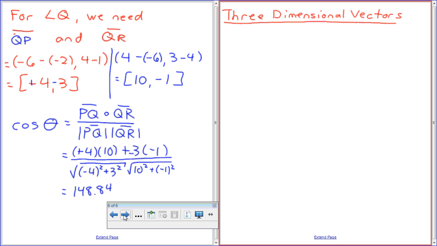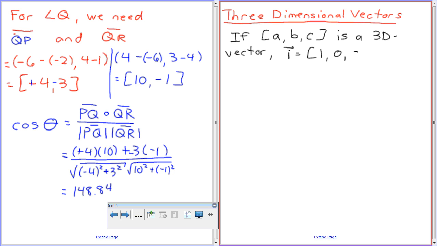We're going to say if ABC is a 3D vector, we're going to let I equals 1, 0, 0, J equals 0, 1, 0, and K equals 0, 0, 1.